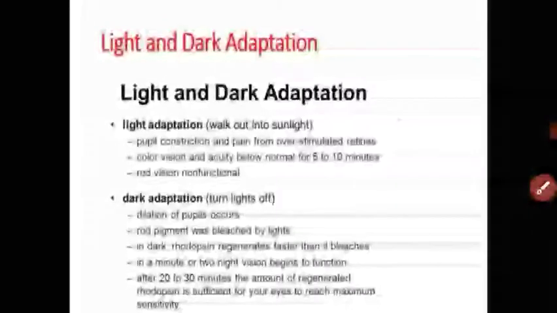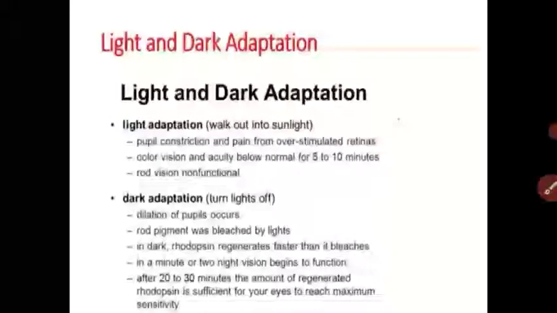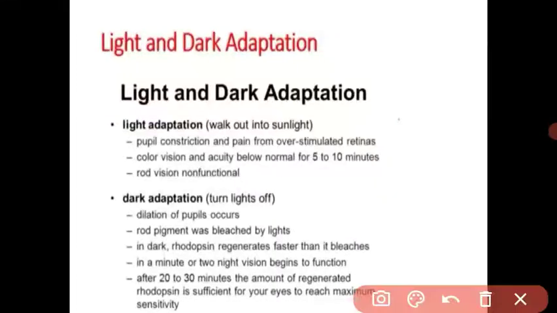The next topic is dark vision and light vision. Many times you are habitual to this process. First we see the light vision.